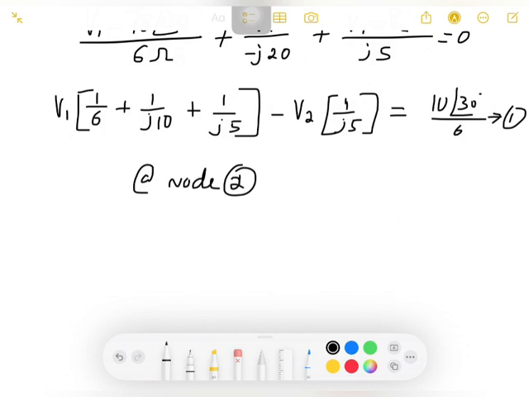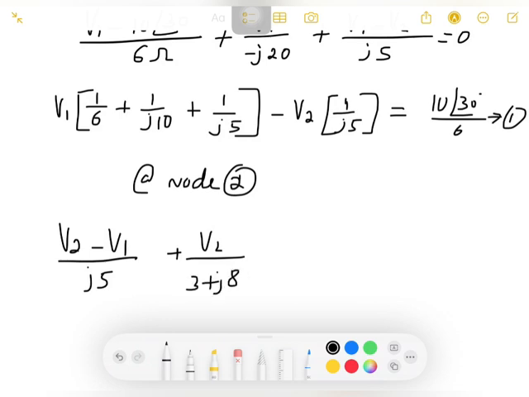I'll write that: V2 minus V1 divided by J5, plus V2 by 3 plus J8, plus V2.